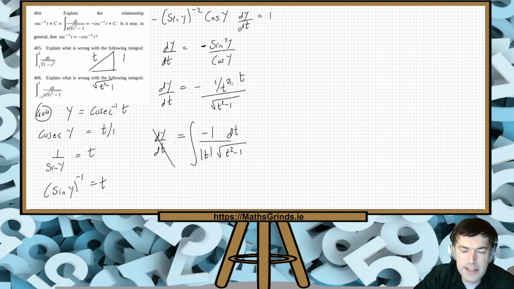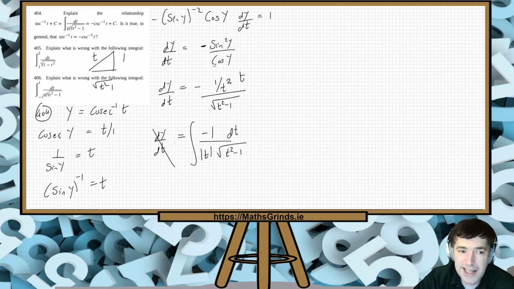Now the reason here is that I'm actually not 100% sure why it becomes an absolute and not just t. Oh, well, because t has to be positive. It's the hypotenuse.